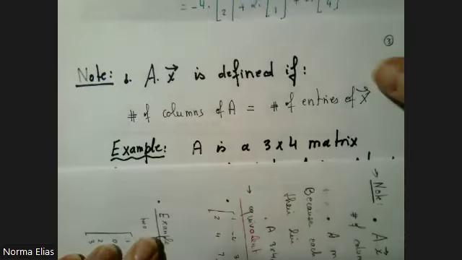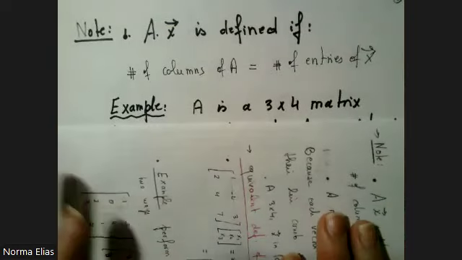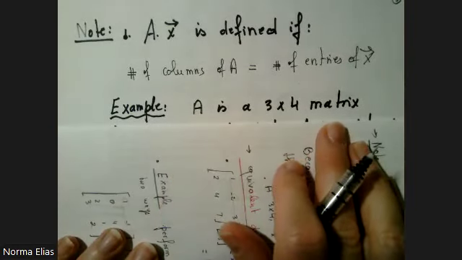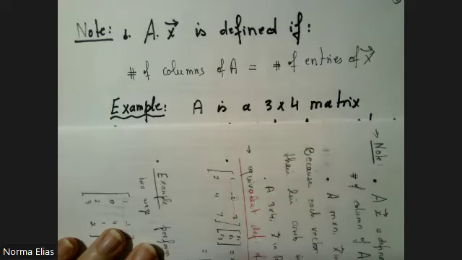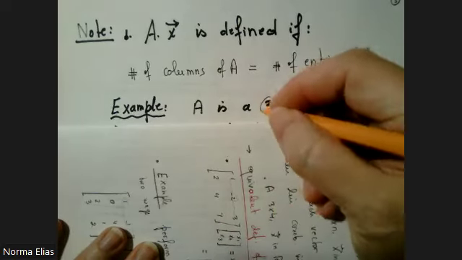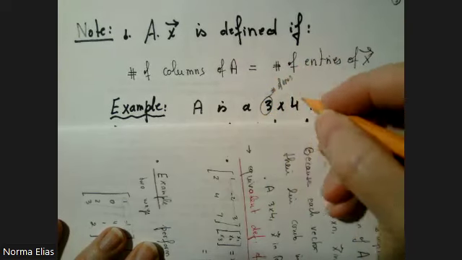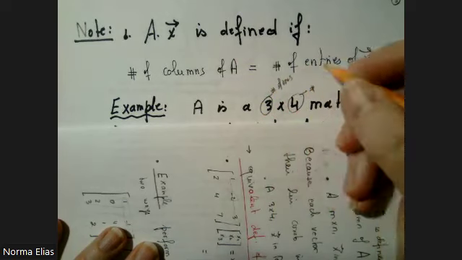So, for example, suppose I ask you the following question. Suppose A is a 3 by 4 matrix. Start thinking a little bit. 3 is the number of rows, and 4 is the number of columns.